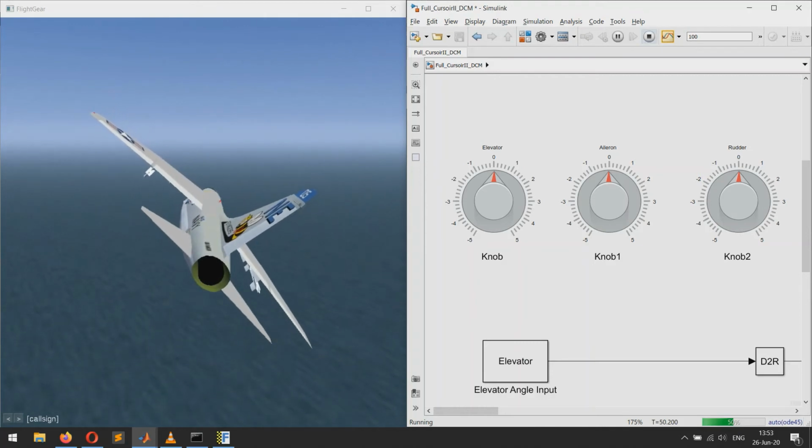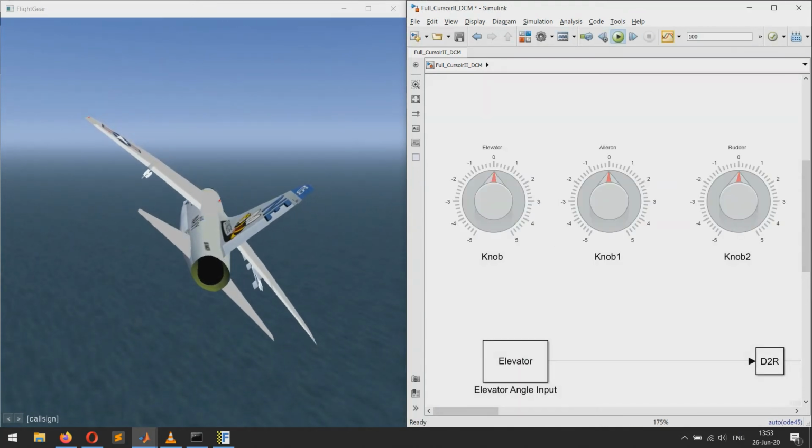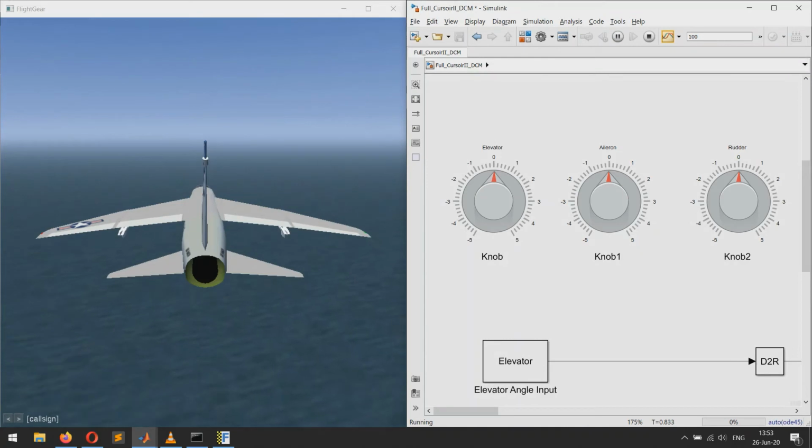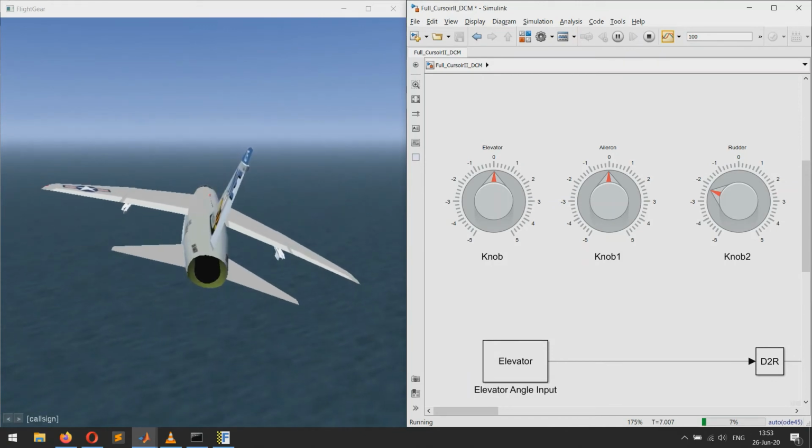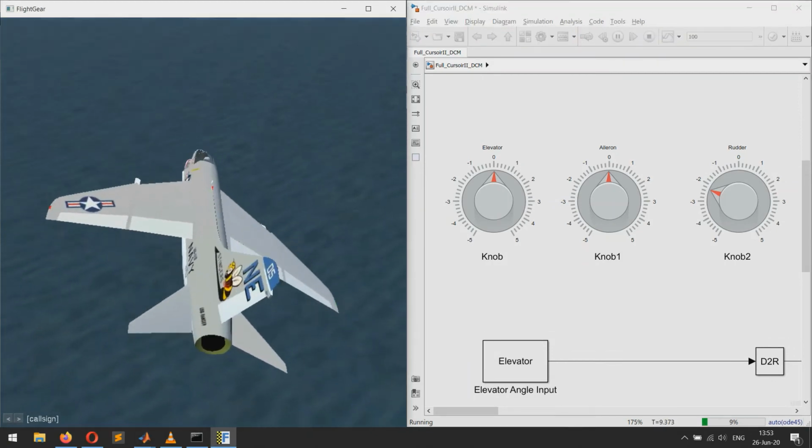Let me start the simulation again to visualize the rudder inputs better. As we change the rudder inputs, it's again the same thing.